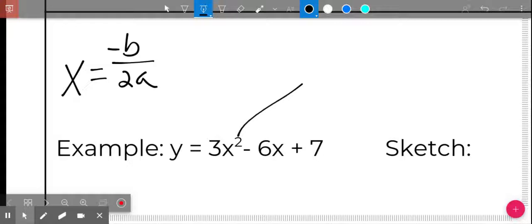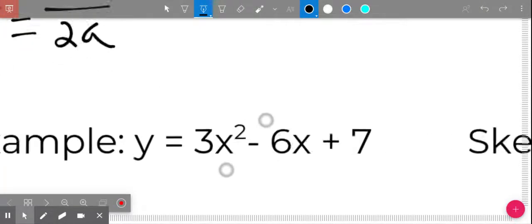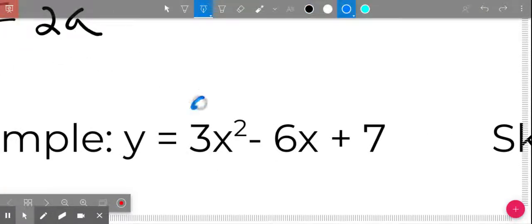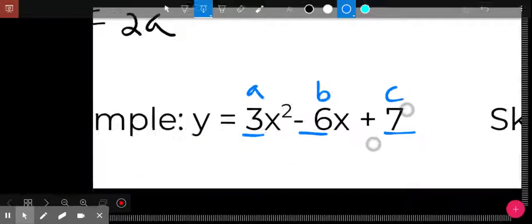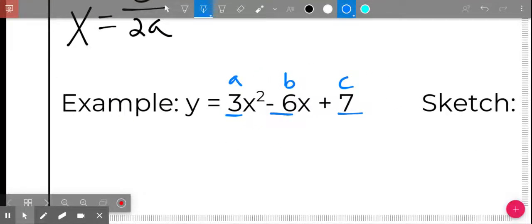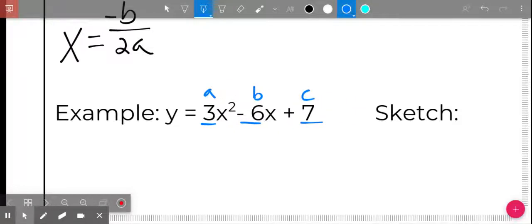So for anything in standard form, we need to know that the equation goes a, b, and c. My a value is going to be 3, my b value is going to be -6, and my c value is going to be 7. So we're going to just take all of those and plug them into our equation. So now we'll have x is equal to -b.